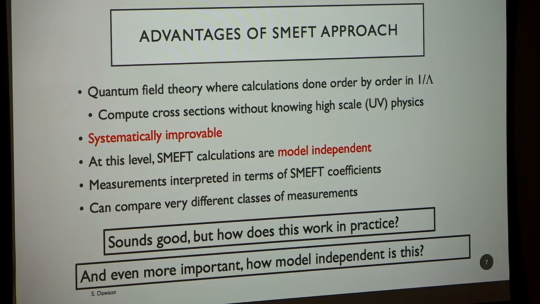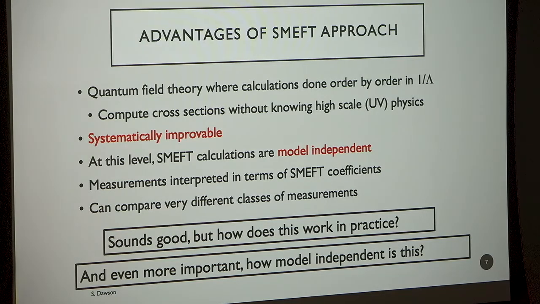And then the idea is, if I actually measured one of these coefficient functions to be non-zero, then I would go say, where could that come from? That's kind of the logic here. So at this level, what I'm telling you is these SMEFT calculations are model independent. I've got some coefficients. I calculate some process in terms of these coefficients, and it is what it is. So this sounds pretty good, but the question is, how does it work, and is it really model independent?